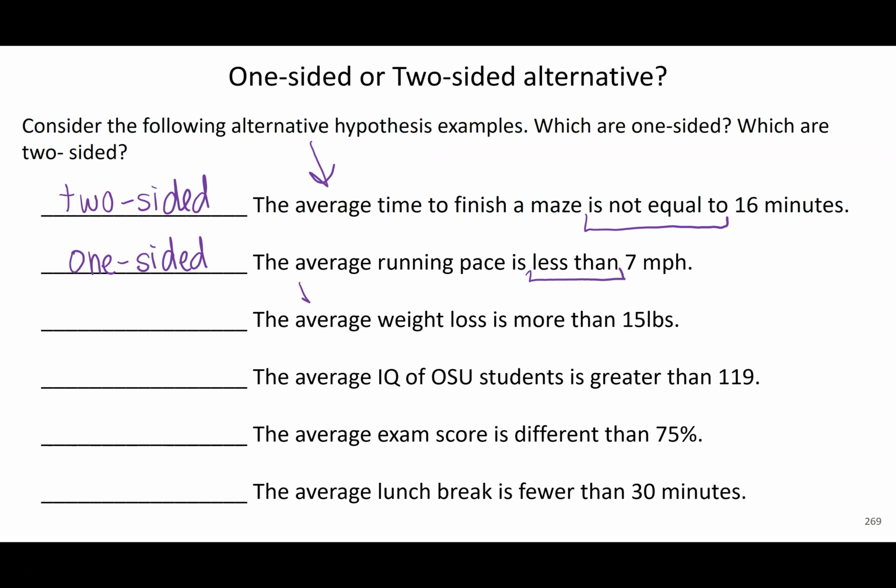The third: the average weight loss is more than 15 pounds. I'm going to look at "is more than." This is going to be one-sided because I'm only interested in finding out if it's higher than 15 pounds. Not interested whatsoever in if it's lower.